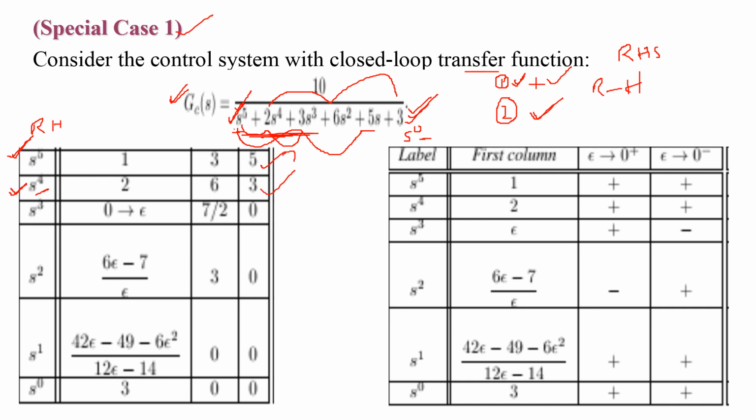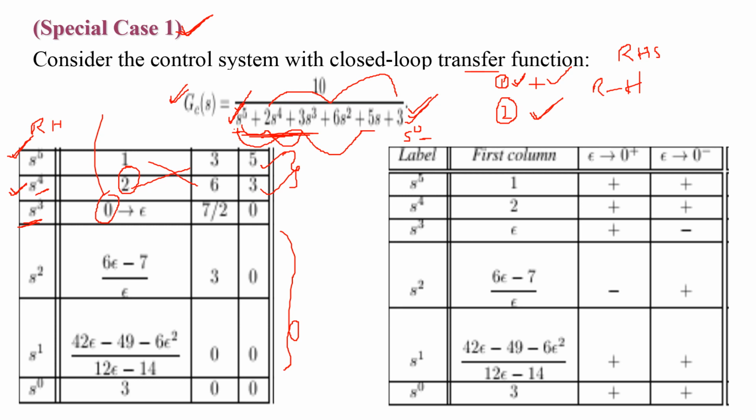Now by using these two rows we are going to find the remaining row elements. Here the first element in s cube is given as 2 into 3 minus 1 into 6 by 2, that becomes 0. So this comes under the first case of the RH criteria.